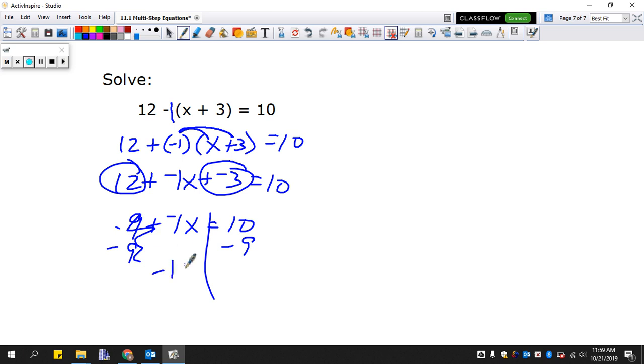We're left with negative 1x is equal to a positive 1. And then we have to divide both sides by negative 1. And we end up with x is equal to 1 divided by 1 is 1, and a positive divided by a negative is negative, so x is negative 1. I wanted to make sure that I did a problem like this because this is one of those problems that is very easy to make careless errors on. So pay attention, and if you have any questions, let me know.